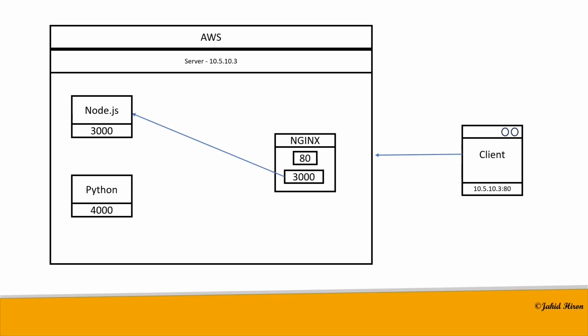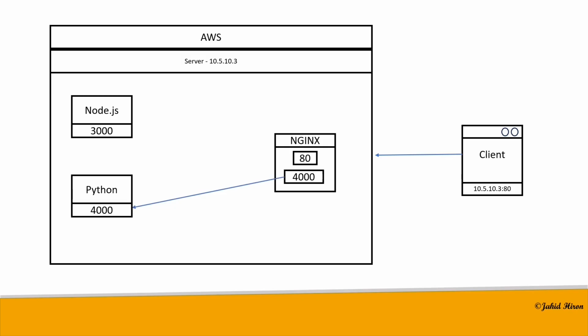Node.js will process the request, respond back to Nginx, and finally, Nginx will send the response back to the client. Easy, right? But what if we want the request to go to Python instead? Well, we just configure Nginx to forward the request to port 4000 where the Python project is running. Nginx will handle everything from there.